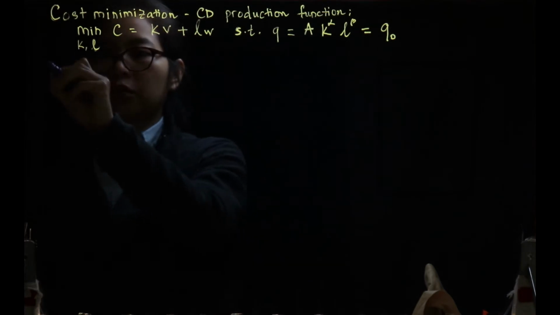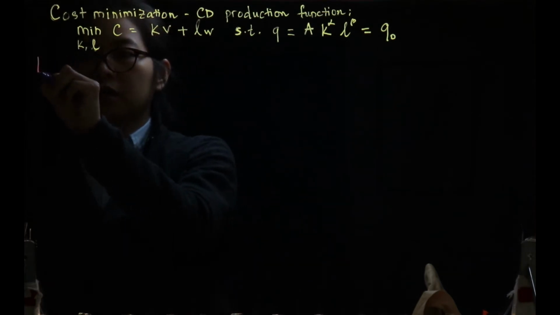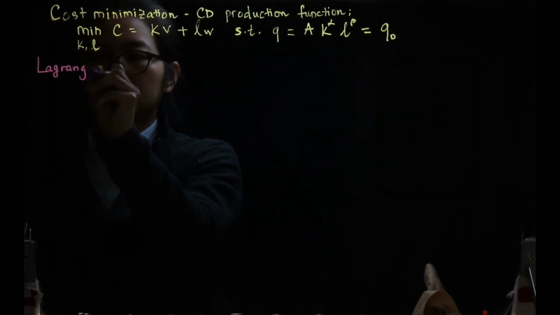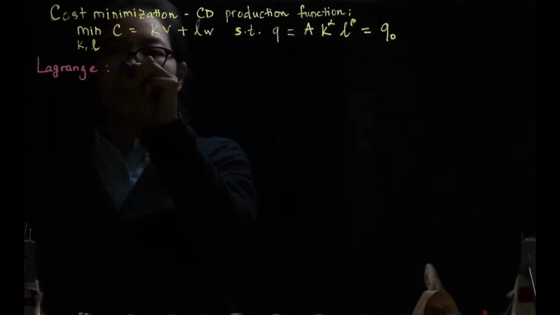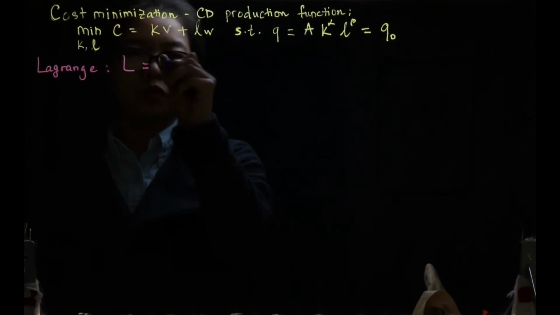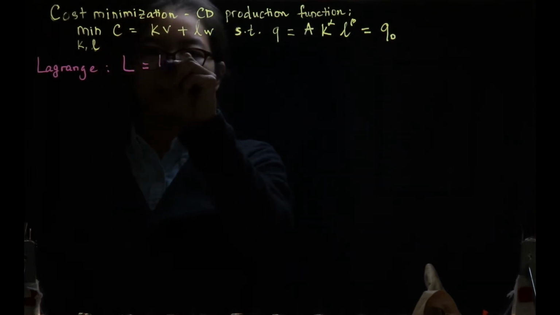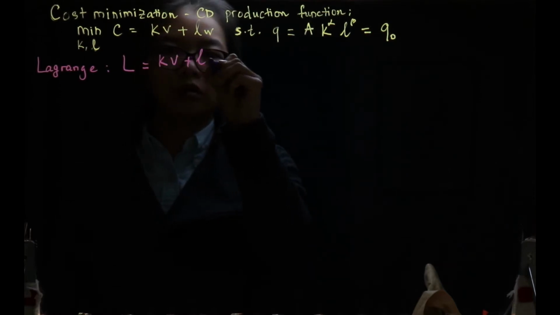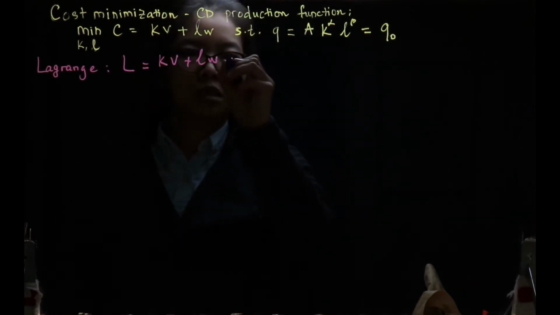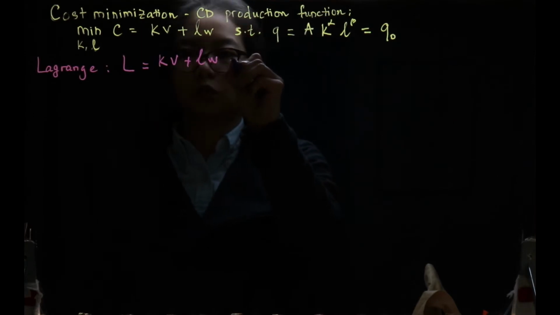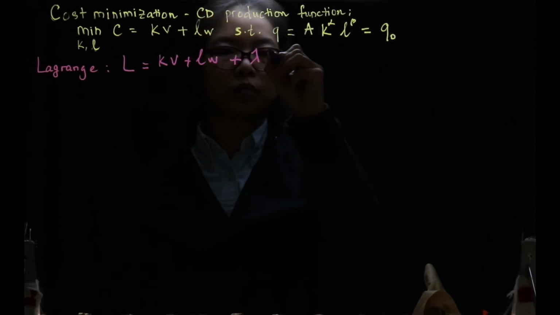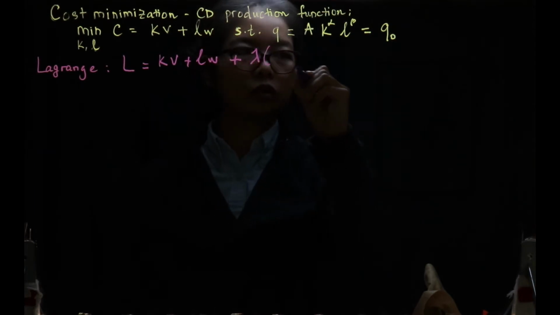So let's go first with the Lagrange. We have L equal to the objective function, which is the cost, KV plus LW, so price times quantity of input, plus lambda, the Lagrange multiplier, times the constraint.